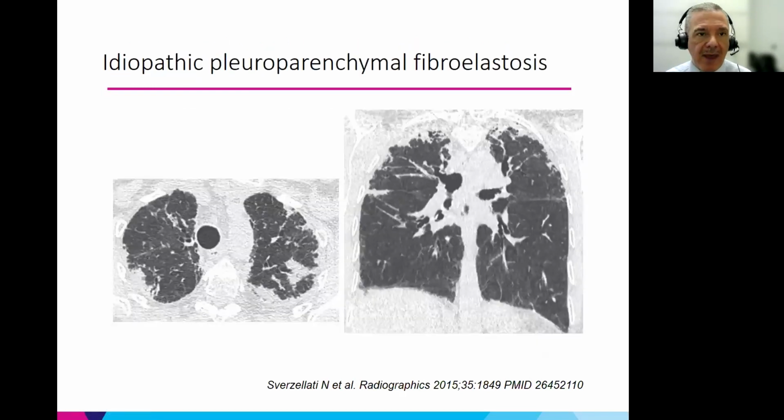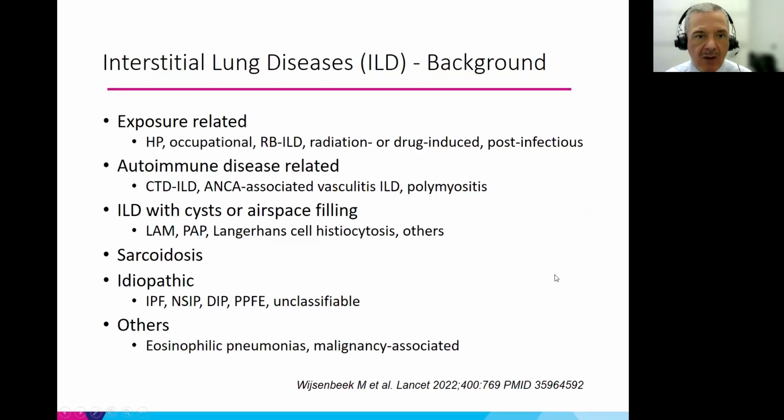And here's another pattern, the idiopathic pleuroparenchymal fibroelastosis, where the reticulation in this case is very thick, very coarse, and predominantly subpleural, with very wide bands of fibrotic tissue. This is another pattern that we look for.